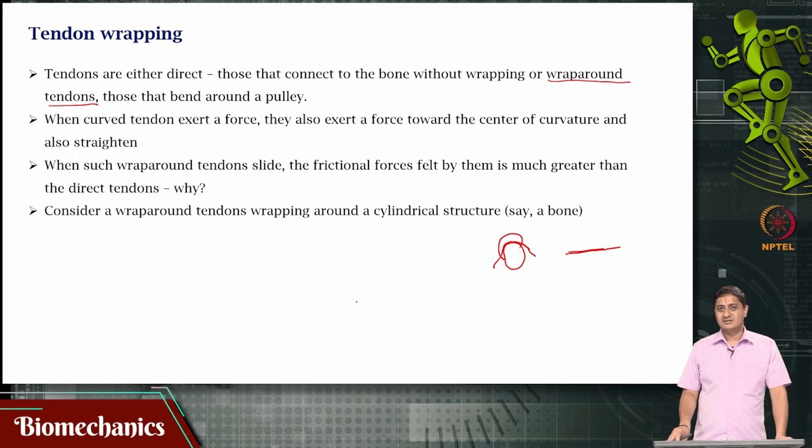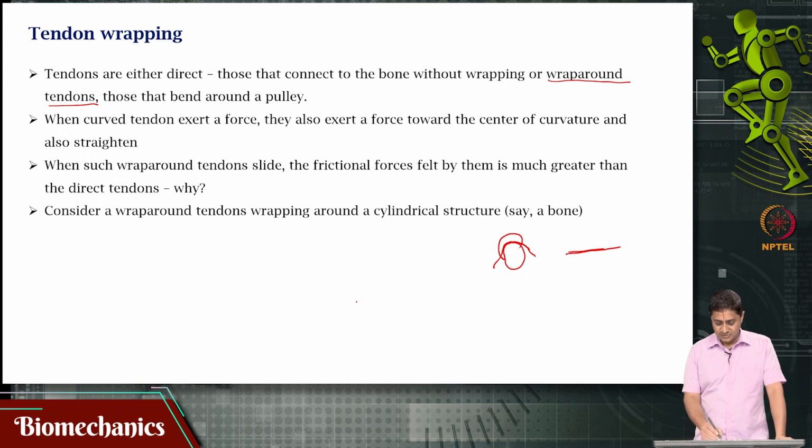Remember, the tendon from the quadriceps wraps around the patella. Why is this? Because there is a need to increase the moment. So, for mechanical purposes, there is this pulley kind of mechanism.